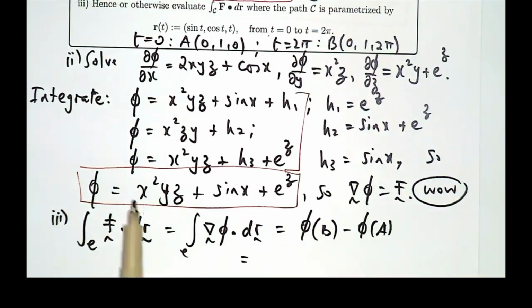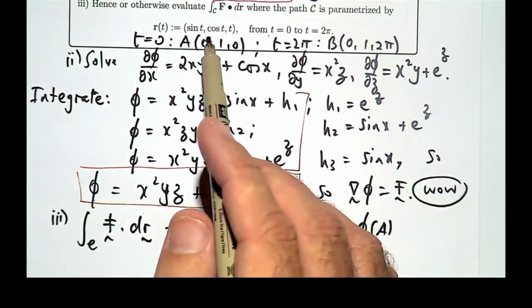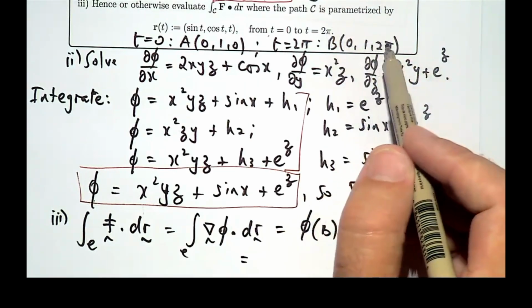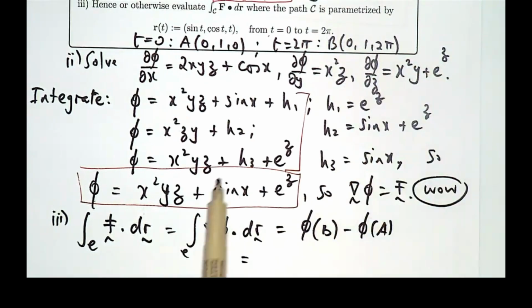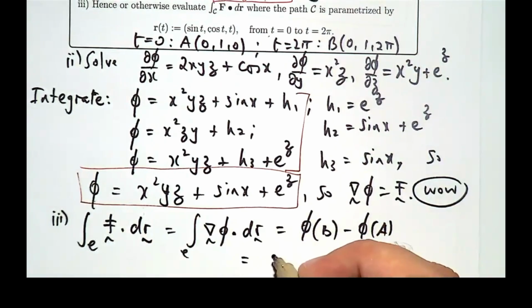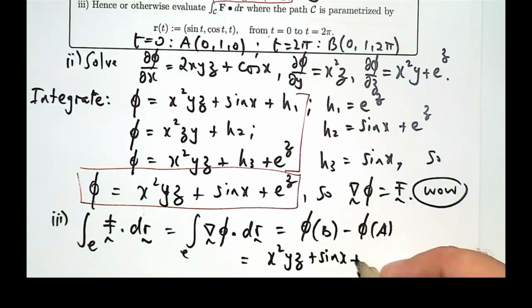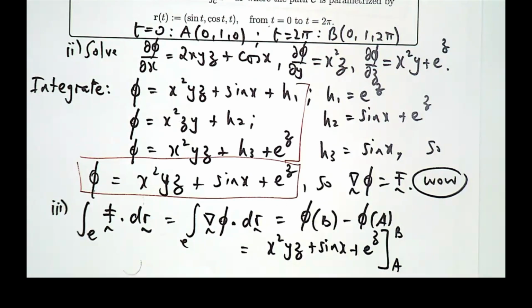So, what is phi of B? Well, x is 0, y is 1, z is 2 pi. So it's basically this. You would take the values for A and B, put them in here, and you'll get a number.